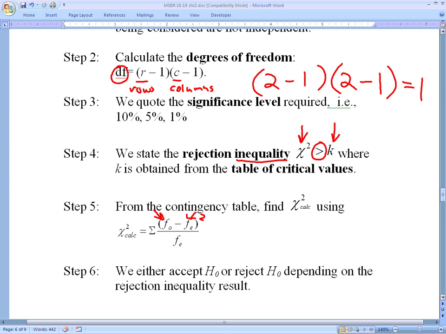Step 6, we either accept or reject our null hypothesis depending on the rejection inequality result, meaning we compare our chi-squared to our critical value, and if chi-squared is bigger than our critical value, we reject it. If we reject, that means there is a relationship because we didn't pass the chi-squared test for independence.